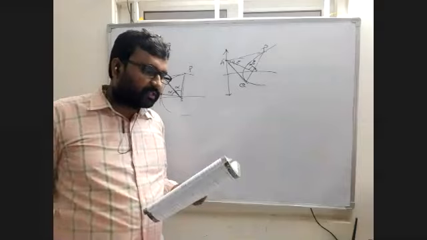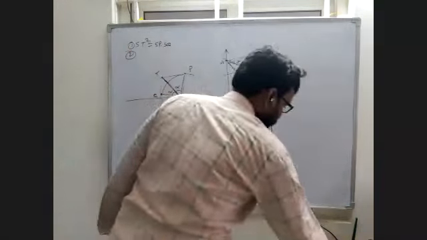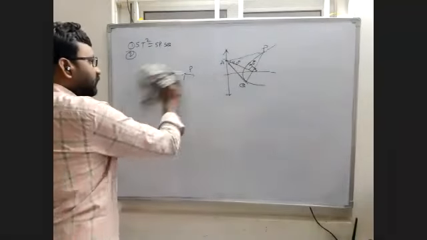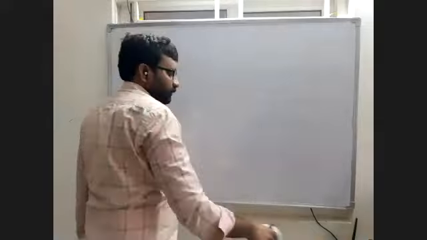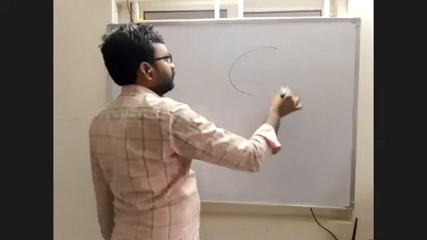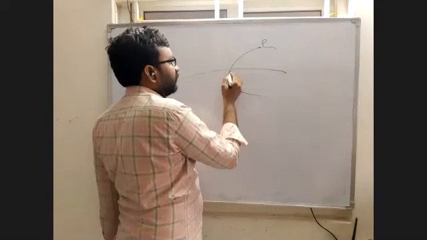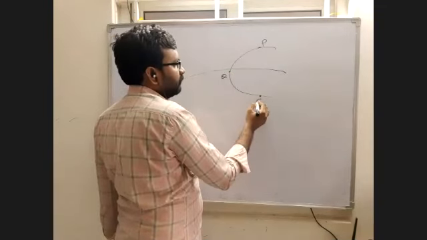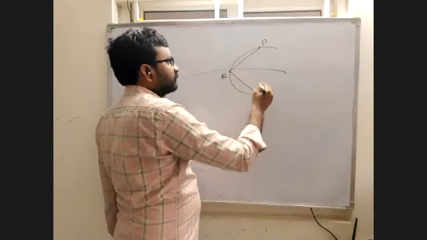And next, the area of the triangle formed by points on the parabola. This is a parabola. I'm taking three points P, Q, R on the parabola. If you join these three, you will get a triangle.